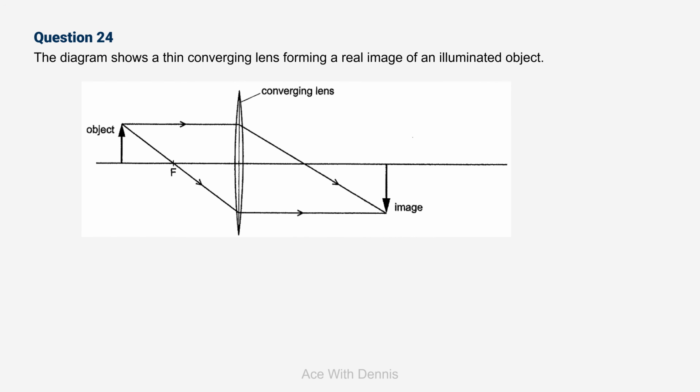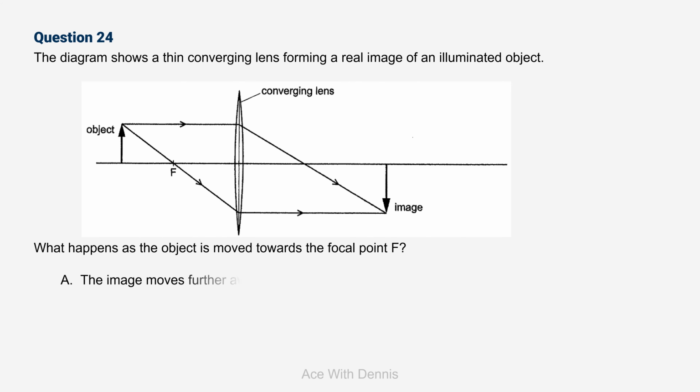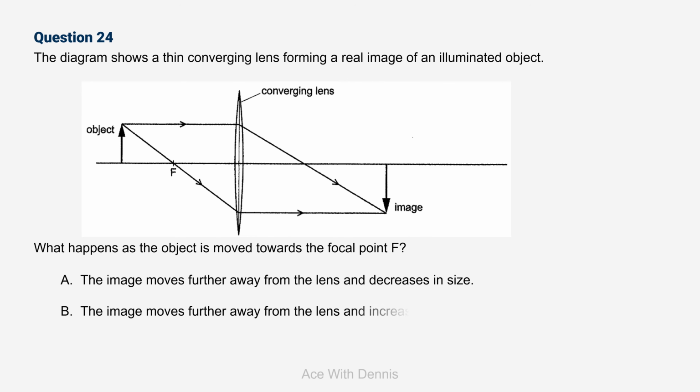Question 24. The diagram shows a thin converging lens forming a real image of an illuminated object. What happens as the object is moved towards the focal point F? A, the image moves further away from the lens and decreases in size. B, the image moves further away from the lens and increases in size.